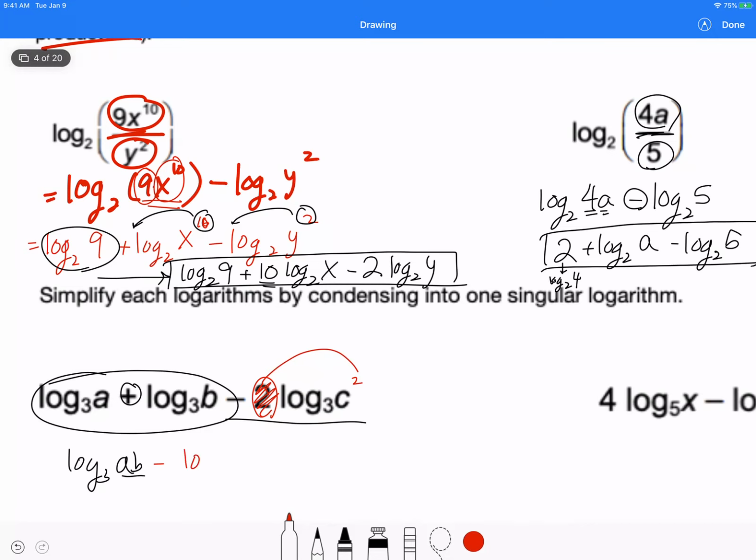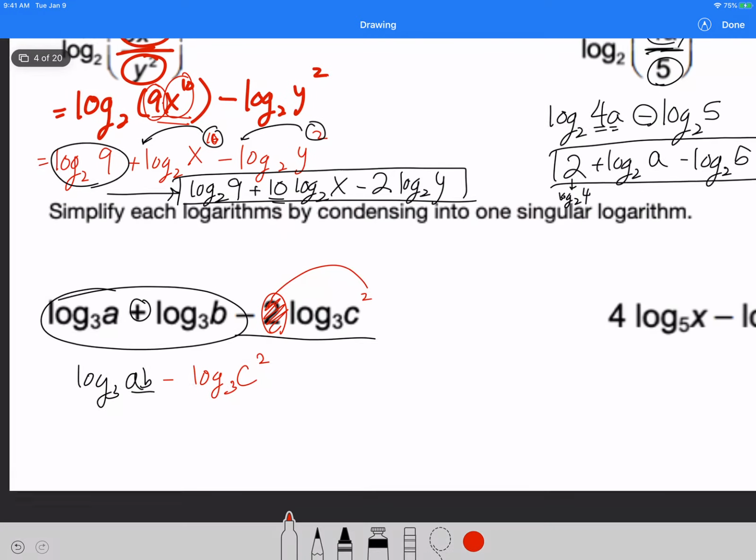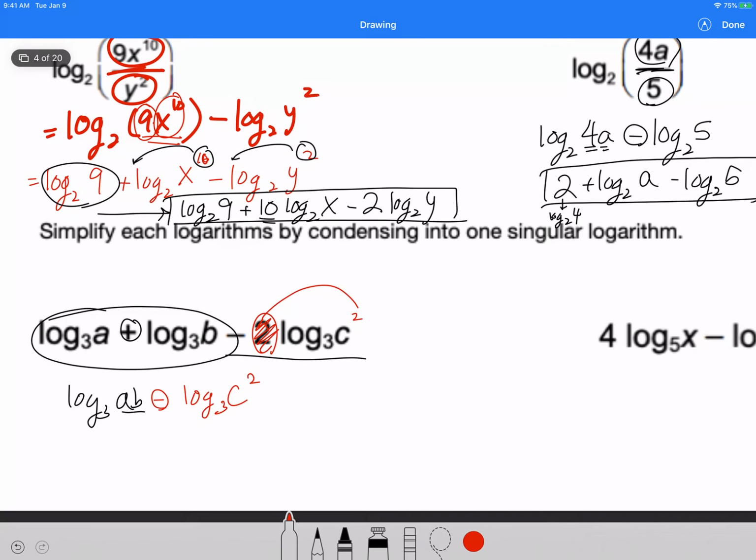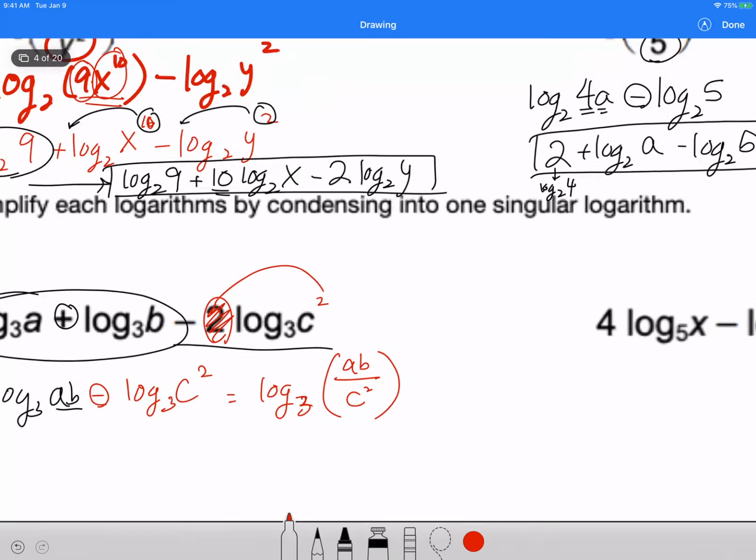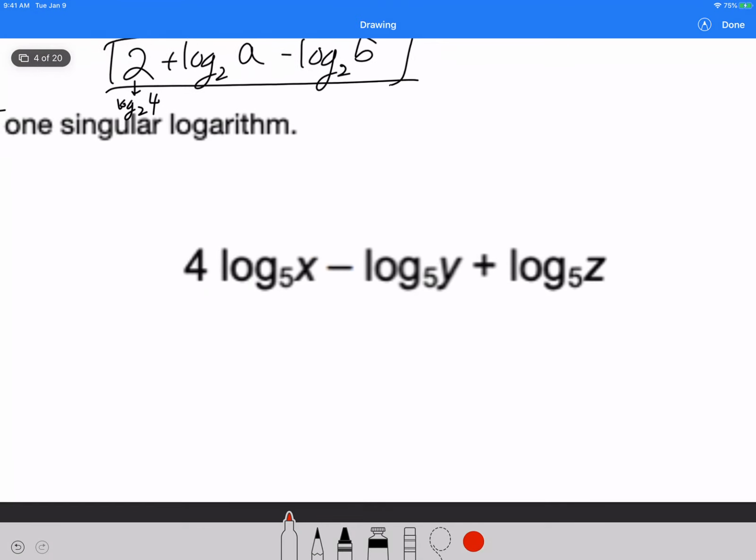So it's minus log base 3 of c squared, and you know if it's a minus, it's a quotient rule, so my final answer should be log base 3 of ab over c squared, divided by c squared, basically. Okay, and that should be one singular logarithm.